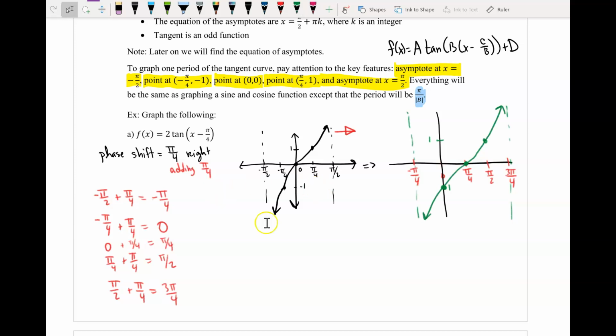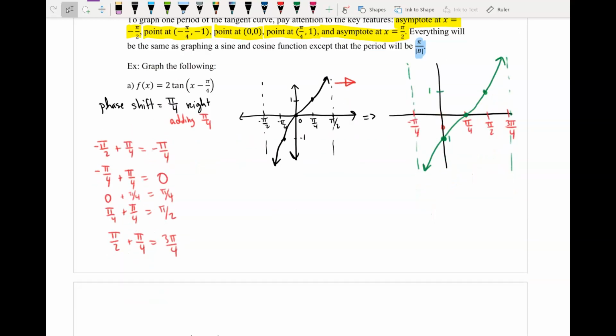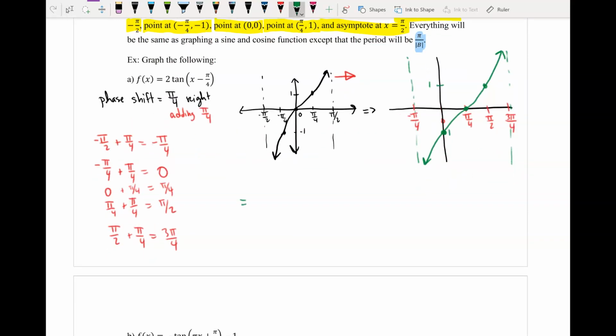Now finally you see this 2 here, that's going to be a factor of 2. So I'm going to multiply everything by 2. It's basically the same exact graph, but now everything is shifted from 1 all the way to 2. So negative pi over 4, 0, pi over 4, pi over 2, 3 pi over 4.